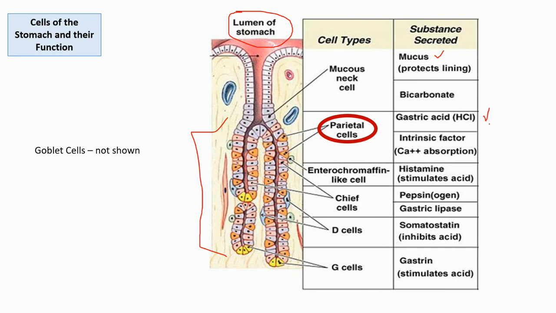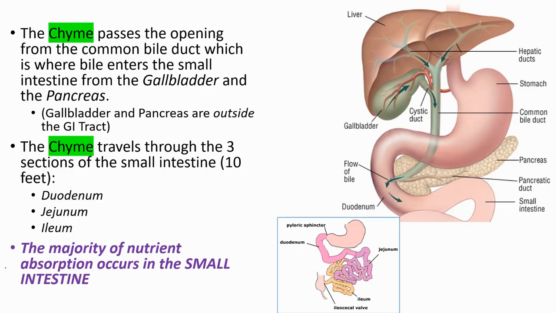They secrete the hydrochloric acid and intrinsic factor. You've also got your chief cells, which are secreting pepsinogen, the inactive form, and then gastric lipase. Again, when pepsinogen and hydrochloric acid are together, that's where your pepsin comes from. Goblet cells, which secrete your mucus, are not shown.